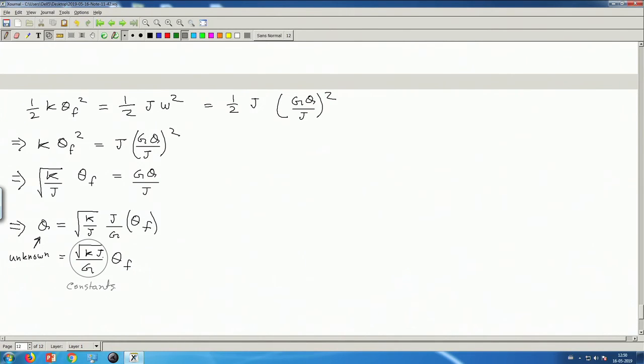So we can measure this, we can observe this. And then if we know these constants, if we measure theta f, we can find the value of Q. So, that was our target. So, we have achieved it. How to find the value of Q?